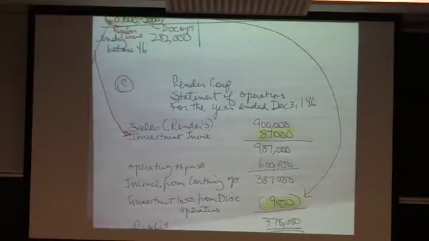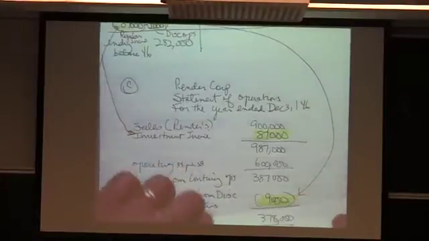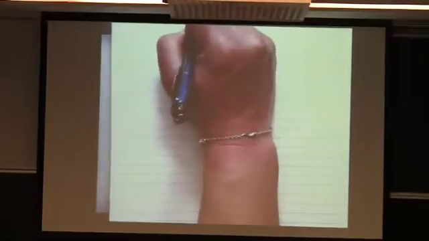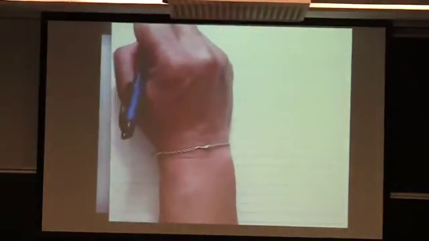Now, the next part of the question says, what if we use the cost method? So now we're asked to say, what would happen on Pender's books if we use the cost method? And cost method actually says that we only record our share of dividends. We do not record or reflect our share of investee's income, Salt Springs income.